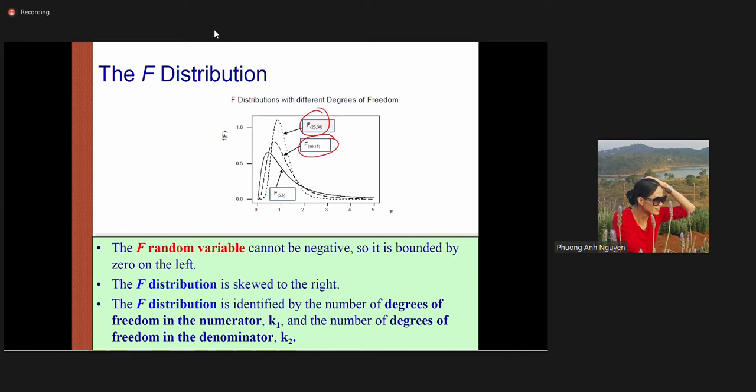First of all, an F random variable cannot be negative, so it is bounded by 0 on the left. The F distribution is skewed to the right, like the chi-squared distribution, and it's determined by the numerator degree of freedom k1 and denominator degree of freedom k2.